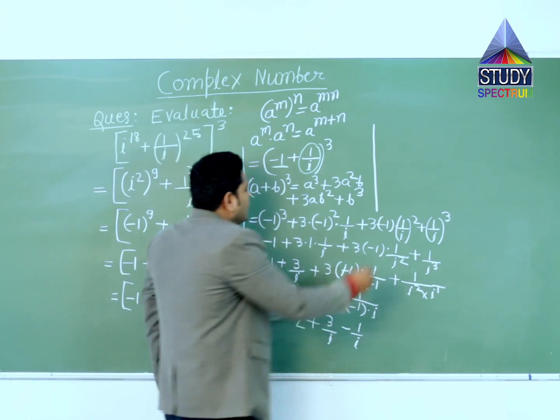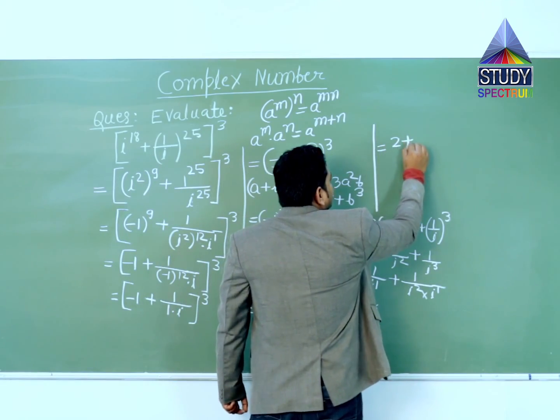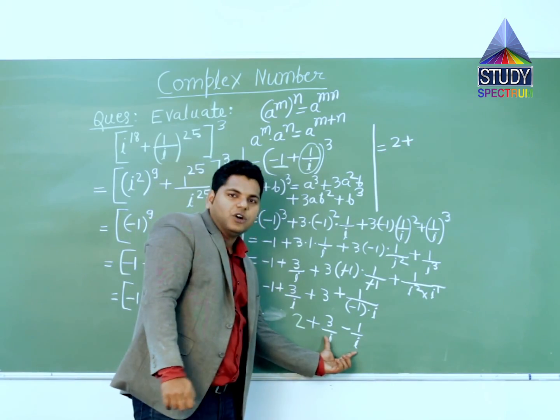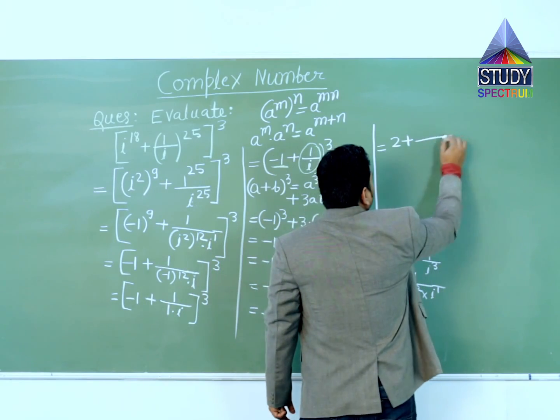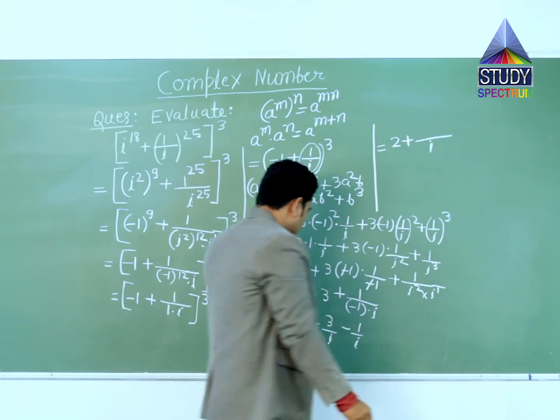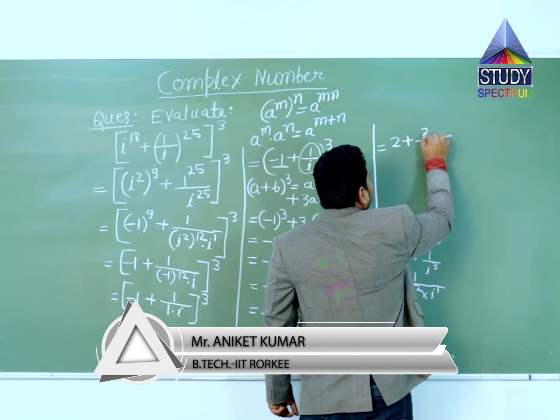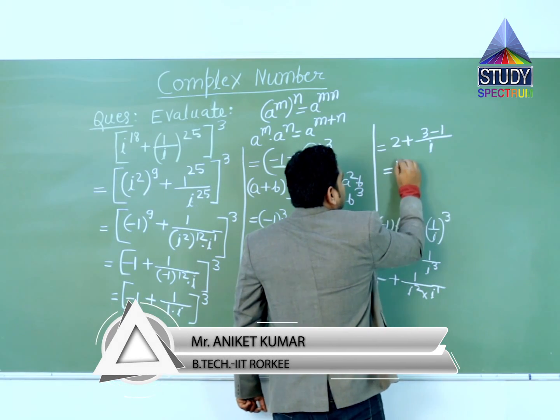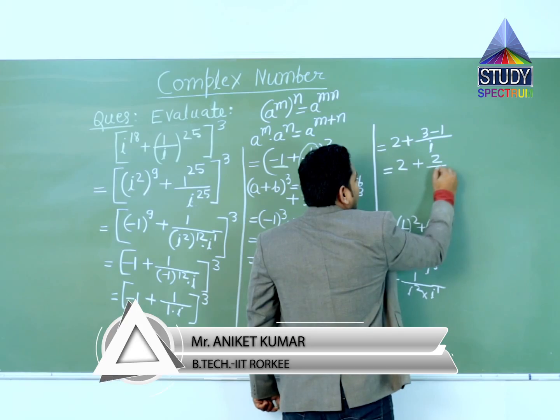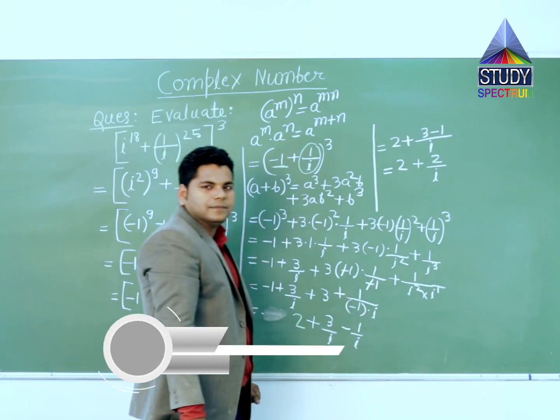Now here we have 2 plus, here we'll take i as common, so we'll get 3 minus 1, so it will be 2 plus 2 by i.